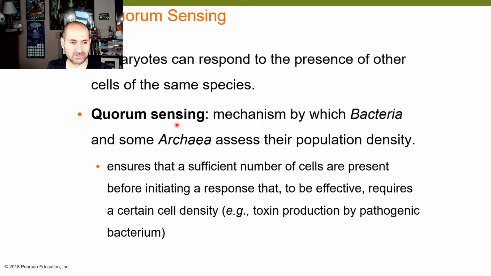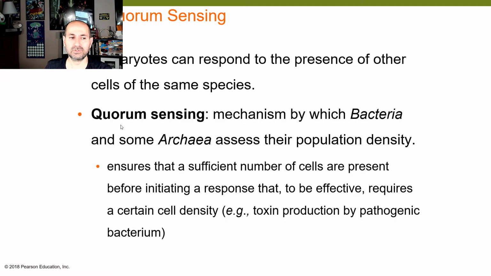Then we talked about quorum sensing. Quorum sensing is a very interesting process. You should know when bacteria undergo quorum sensing. You should know that quorum sensing is employed by bacteria anytime it makes more sense to do something as a group of bacteria than it does as a single bacteria, right?